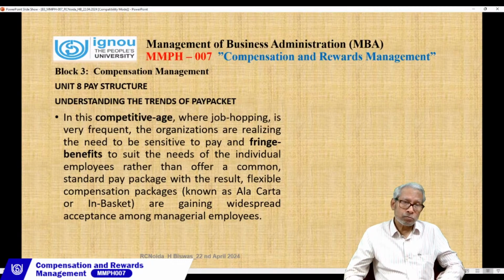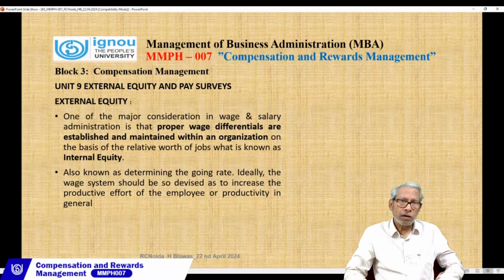The things have widespread acceptance among managerial employees. So proper wage differentials are established and maintained within organizations. Differentials should not be beyond the limit.